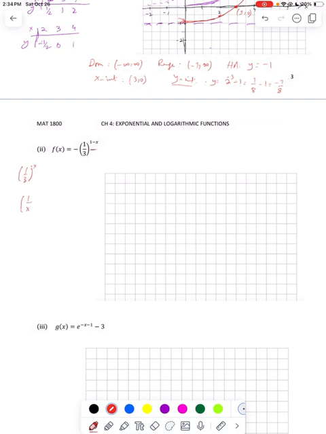So this will be the flip over the y-axis, and then you have to add 1 to it. The next one will be 1 over 3 raised to negative x plus 1, and then the last one will be the flip over the x-axis, which is putting the negative sign outside the expression.